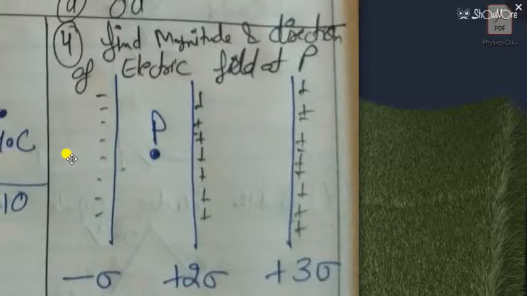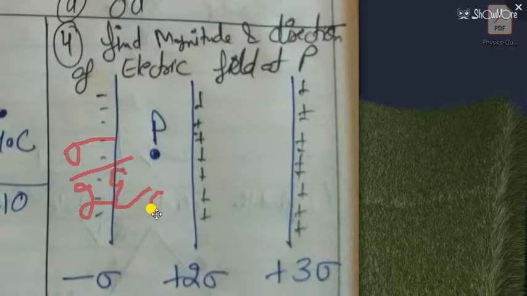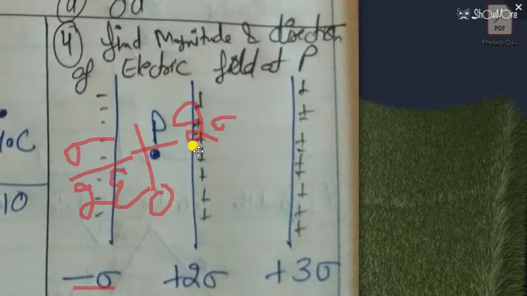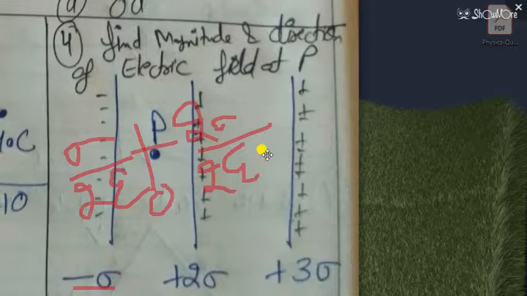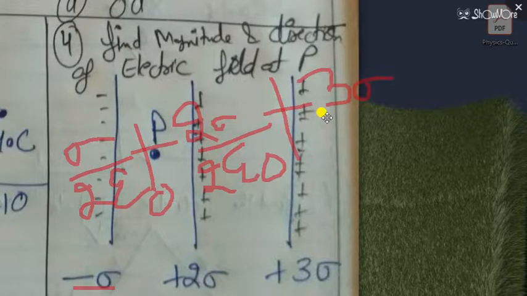One field in this direction due to this negative sheet will be sigma by 2 epsilon naught, plus 2 sigma by 2 epsilon naught if it is free space, plus 3 sigma by 2 epsilon naught.